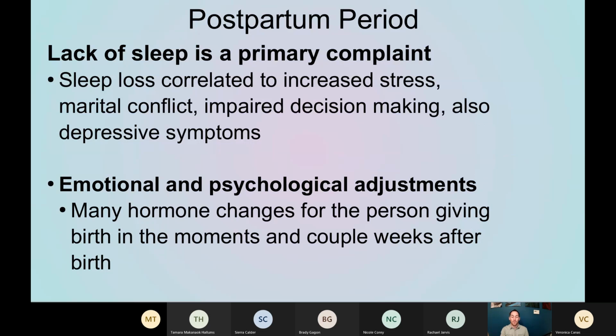So with that, for the person who gave birth, and this can also happen with a partner who didn't give birth too, but more so with this one, there are a lot of hormone changes happening in the first couple weeks after giving birth. You are developing these specific hormones to help a fetus grow appropriately, develop organs, things like that.